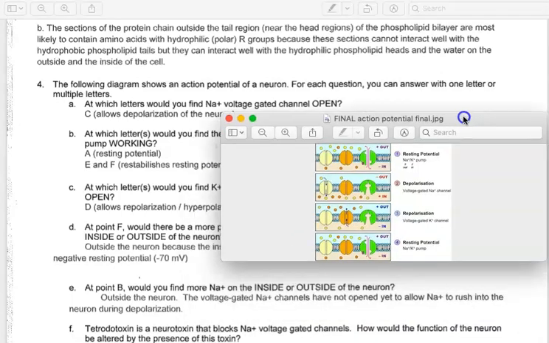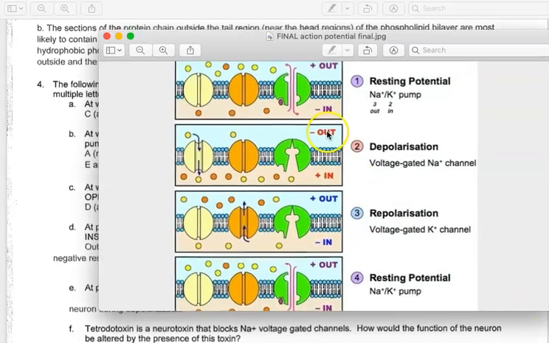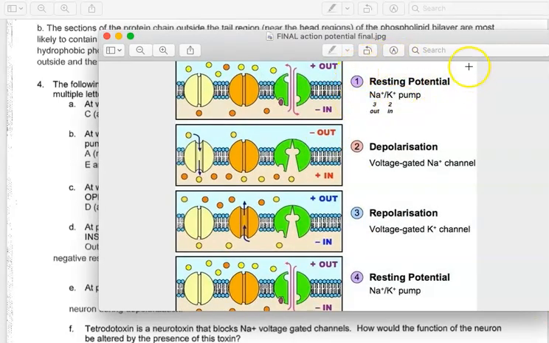So if you want to see it in this diagram, I think this diagram is pretty good. Just to maintain your resting potential, remember you have this protein, the sodium potassium pump, where constantly you are pumping 3 sodiums out and 2 potassiums in.